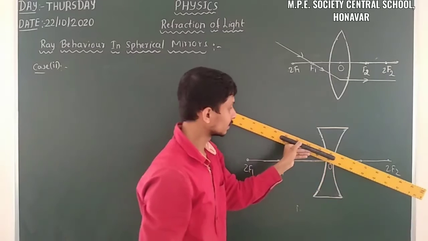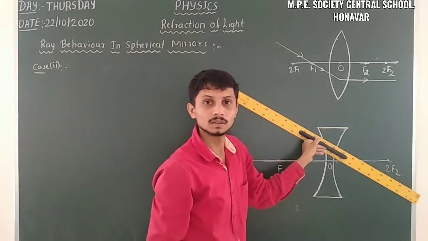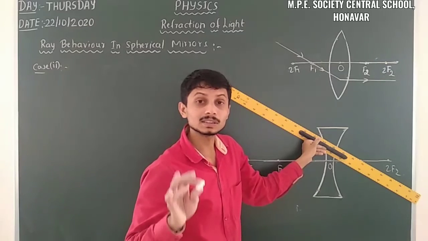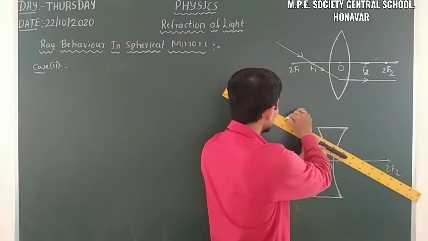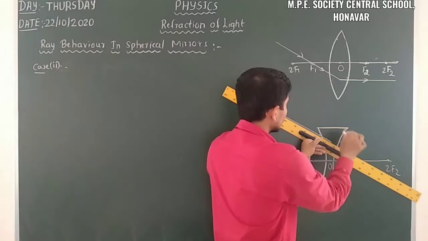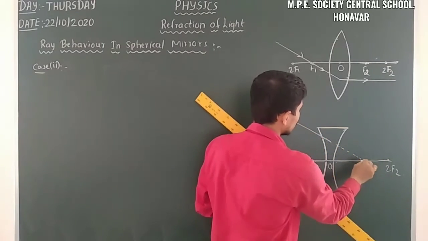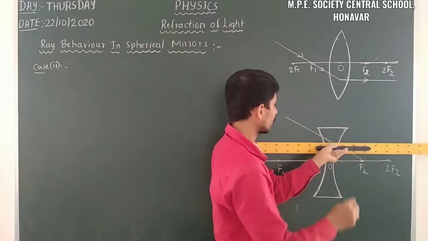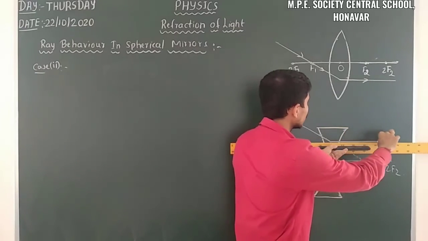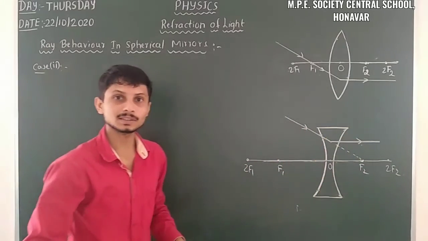In the concave lens, the ray appears to be passing through the principal focus, not actually. After refraction, it emerges parallel to the principal axis.